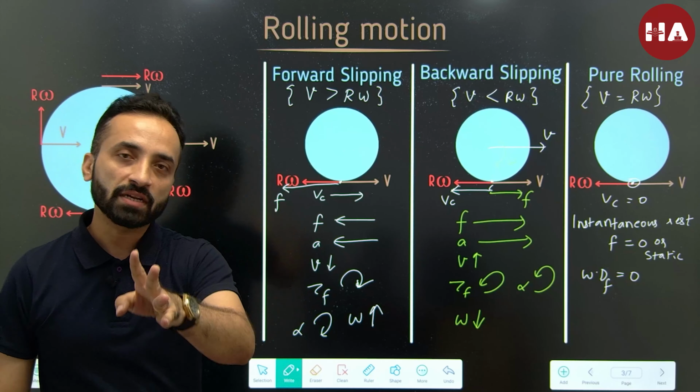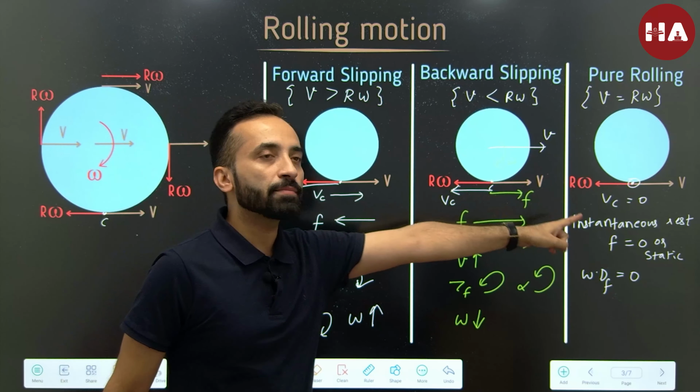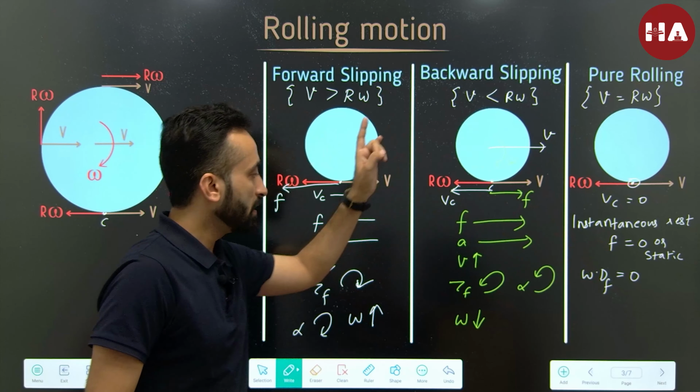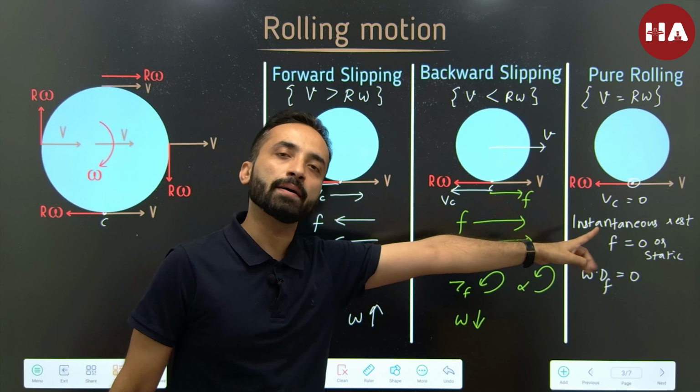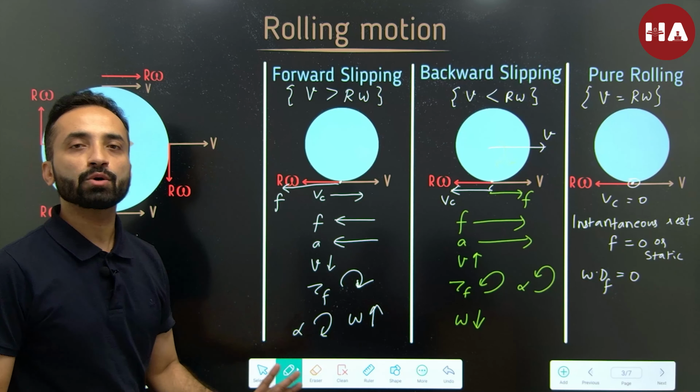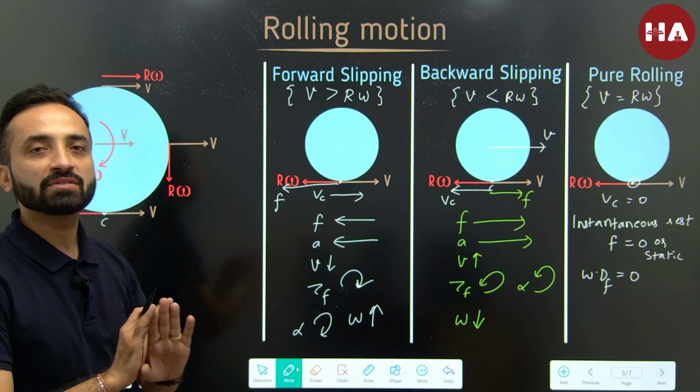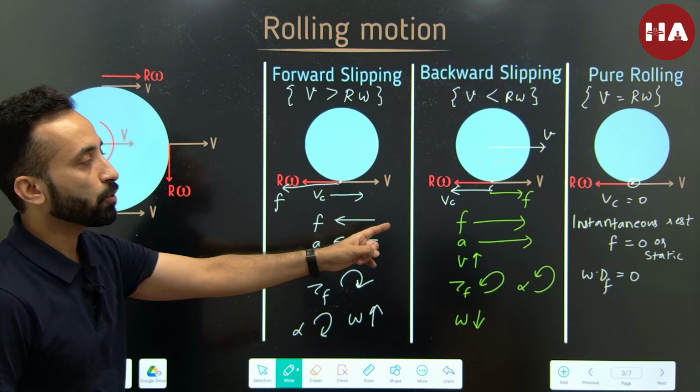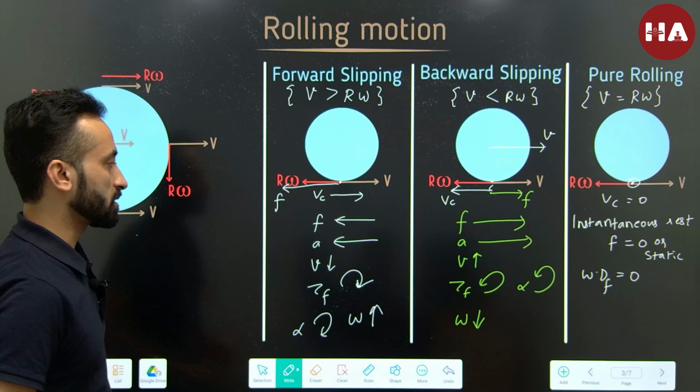If the surface is rough, even forward slipping will become pure rolling, or backward slipping will also become pure rolling. But once pure rolling starts, then friction will become zero or static, because point C will have net zero velocity.